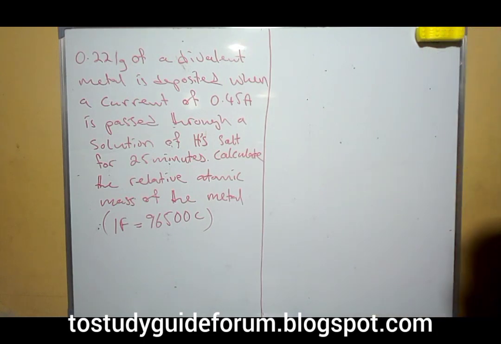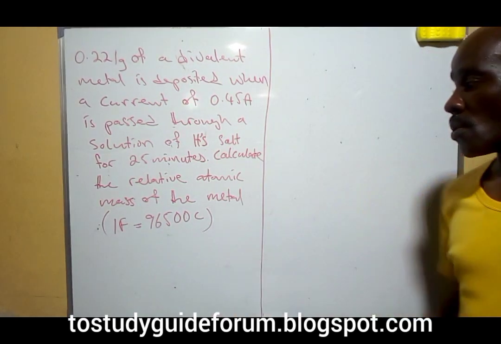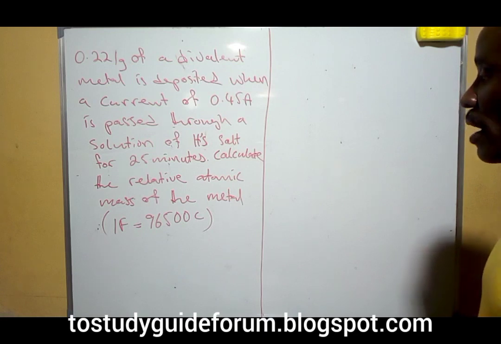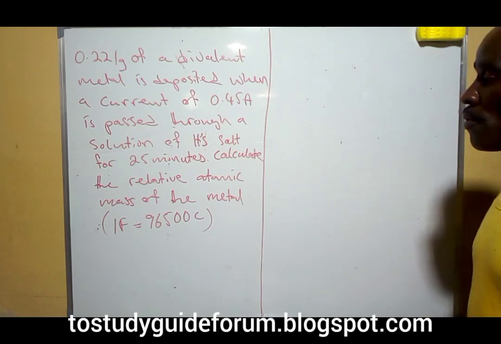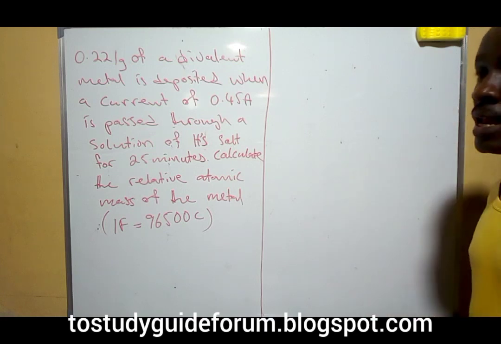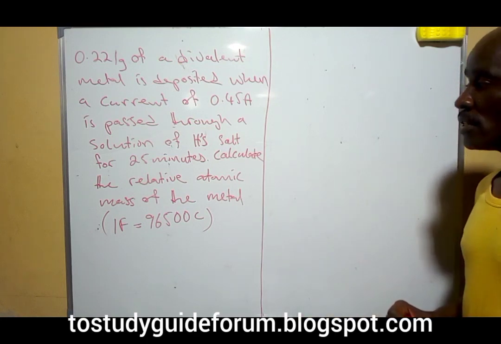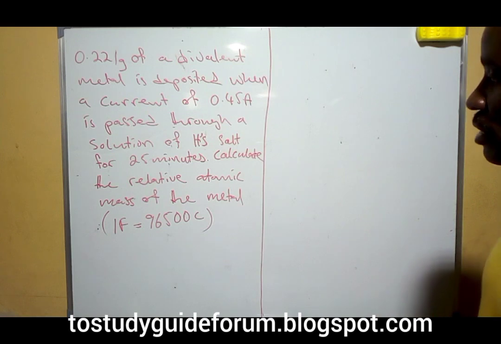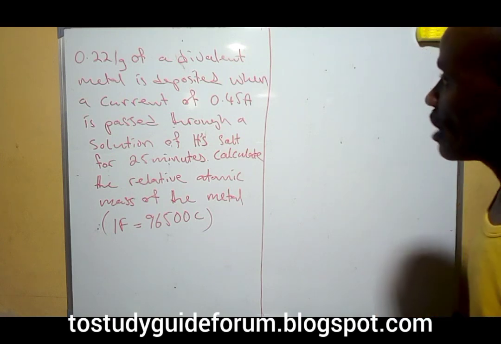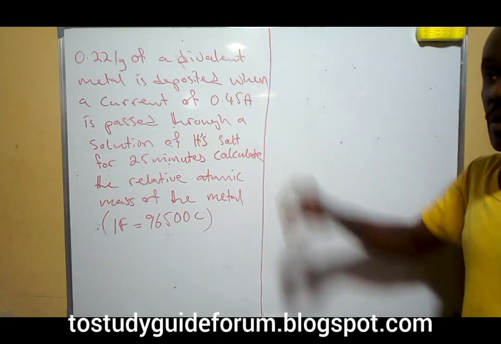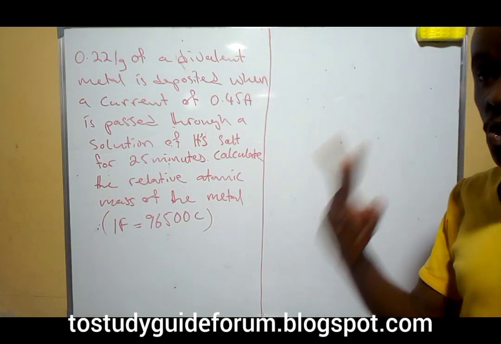And we know that 1 Faraday is always equal to 96500 coulomb. Now 1 Faraday stands for 1 mole of electrons, the electrochemical equivalent of it. For this divalent metal, it means that it has 2 valence electrons.